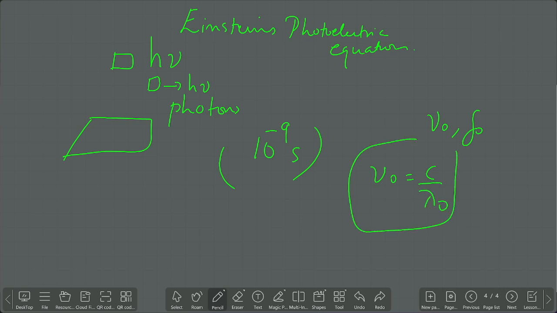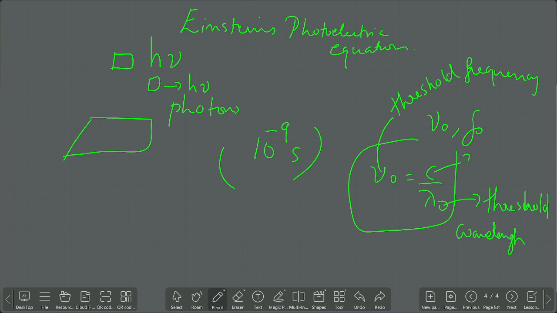Note this point. Nu 0 is the threshold frequency. How to get the threshold wavelength? This is the threshold wavelength. What is C? 3 into 10 to the power 8 meter per second.